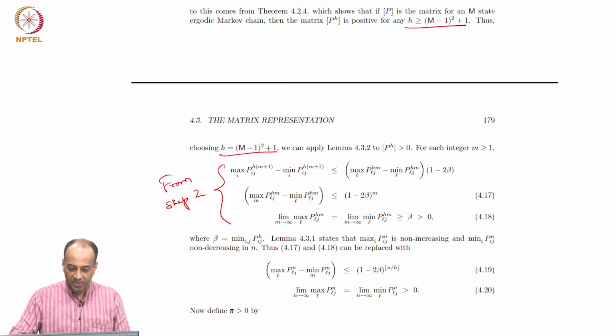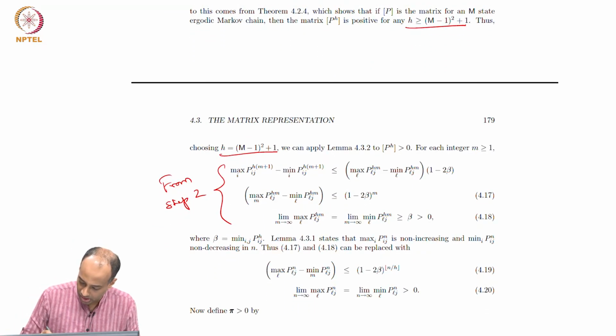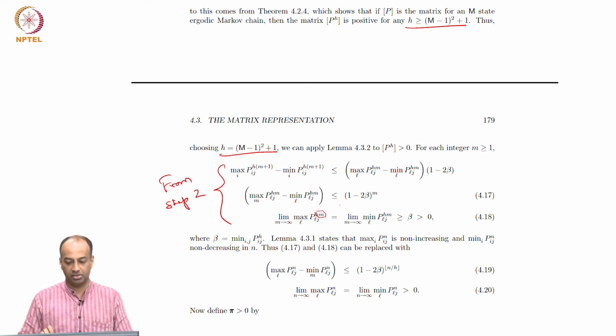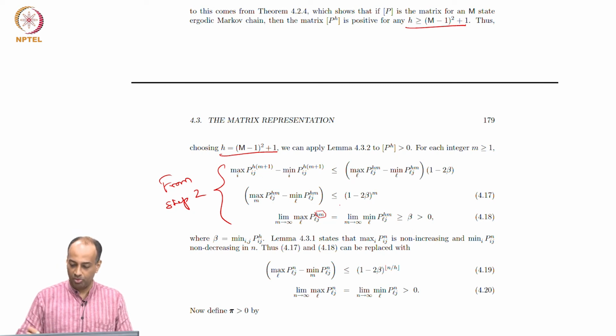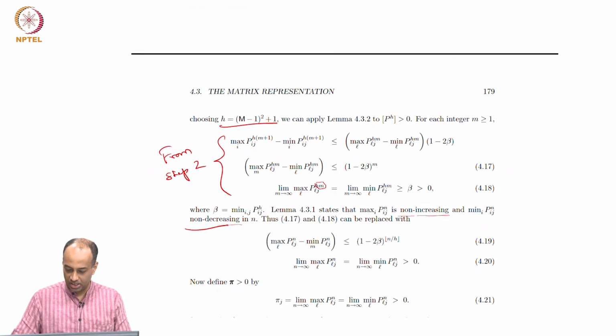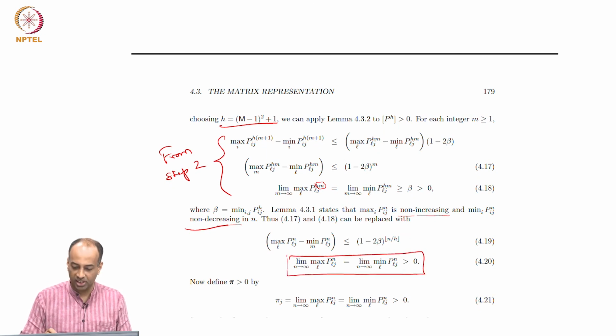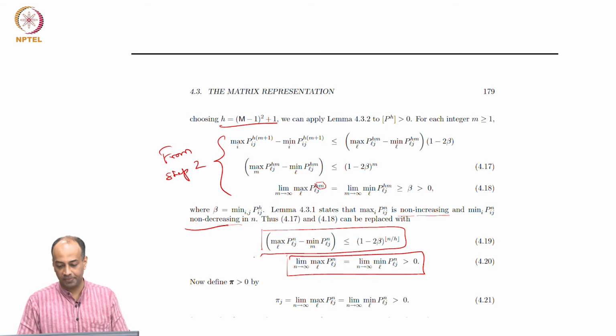So along this subsequence hn, I must have the limit, right? But then I have monotonicity, this non-increasing and non-decreasing in n property of the max and min of Pij^n. Therefore, you can just prove that if you go along any n, you must have a limit. And further, the difference between the max and min goes down exponentially fast, like so, right?